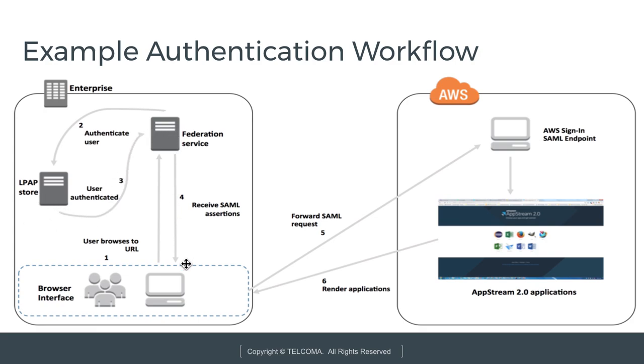After that, the request is forwarded to the interface and it will forward to the Amazon Web Services SAML endpoint sign-in, through which we can access various stacks in AppStream 2.0 and render the application to the user's browser. So this is the authentication workflow. That means for any access we are required to authenticate ourselves.